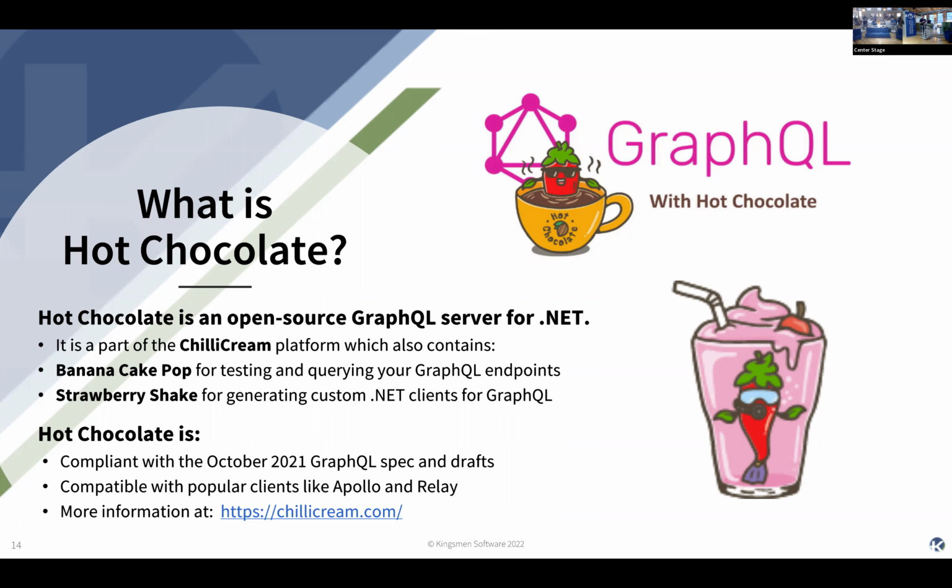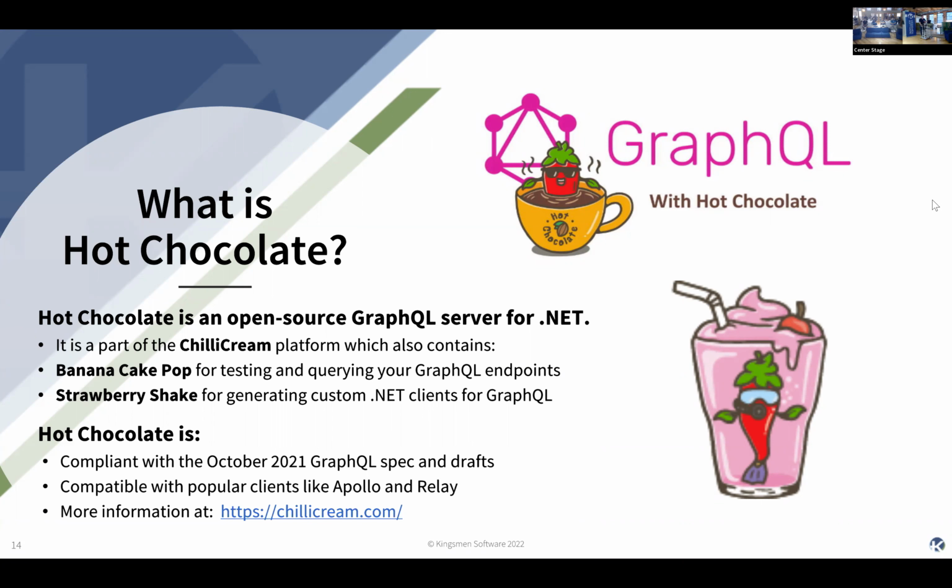They have a high frequency of updates, and they also have a pretty substantial product library, and they're regularly coming out with updates. So Banana Cake Pop is the IDE that they use for you to run GraphQL queries or mutations against your GraphQL client. Strawberry Shake is another one that they've recently come out with, which generates custom .NET clients for you that you can use with your GraphQL clients as well.